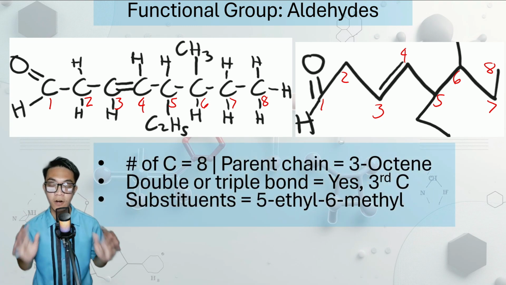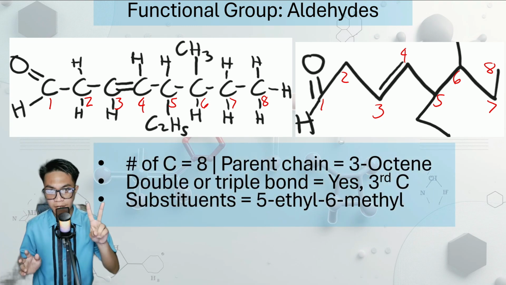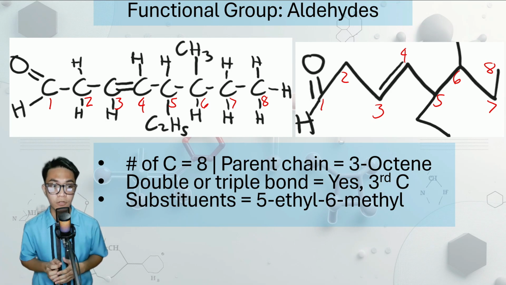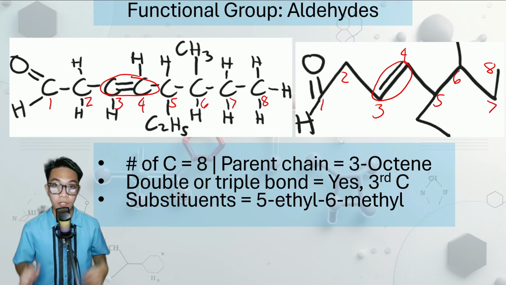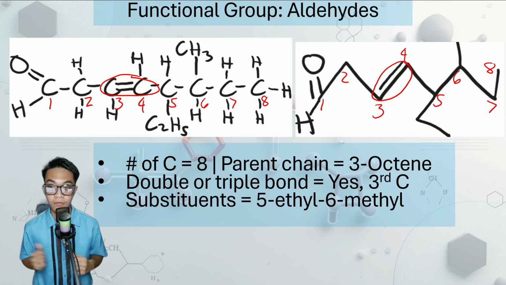Now that we have the number of carbons, let's check the second checklist item. Do we have a double or triple bond? Yes. It's located on our 3rd carbon, connected to the 4th carbon.